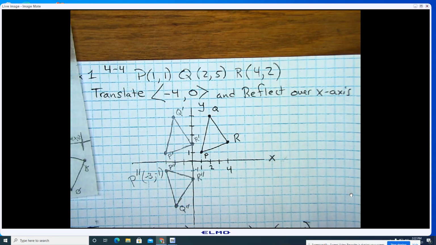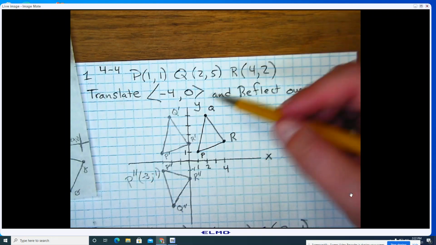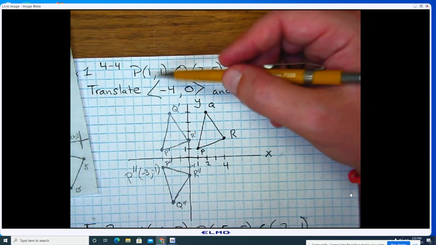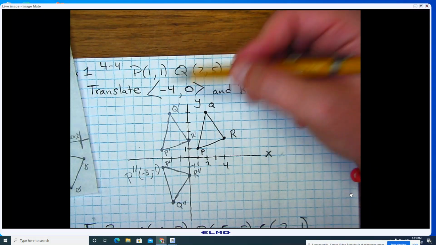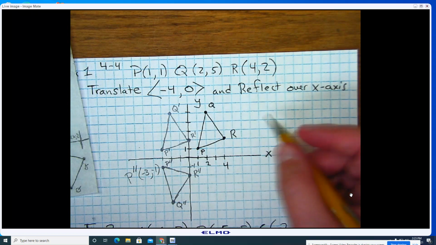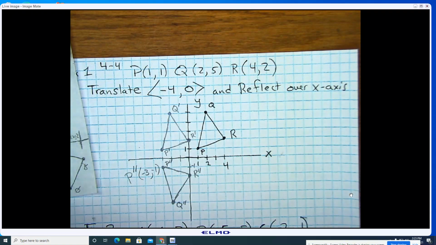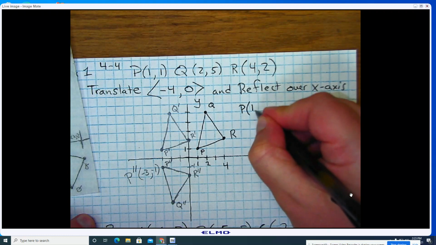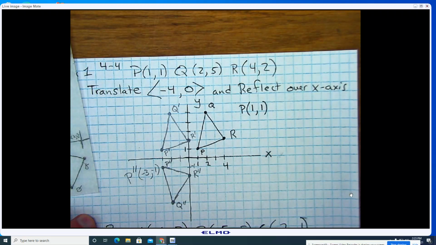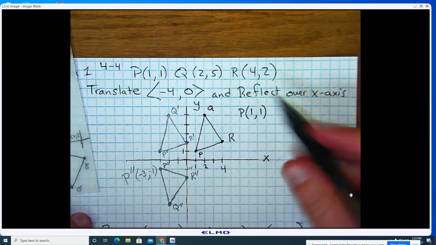Let's go ahead and look at how we would do it mathematically. So we can do this just to 1 point and see how that applies. So if I have 1 point, let's look at P of 1, 1. I'm going to apply the translation to it.